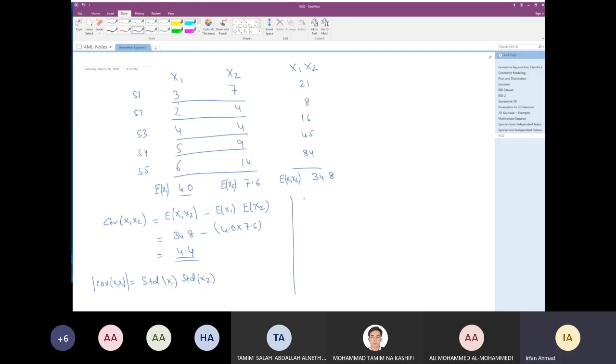Okay. So this is the concept of correlation. So let's understand correlation. What is correlation? Correlation of x1, x2 is nothing but covariance of x1, x2 divided by standard deviation of x1 times standard deviation of x2. And again, offline, I did some calculations to find the standard deviation.